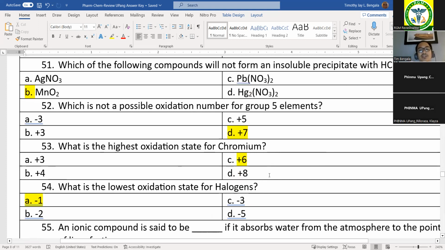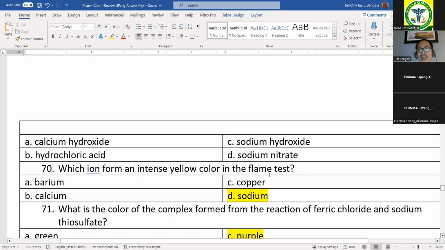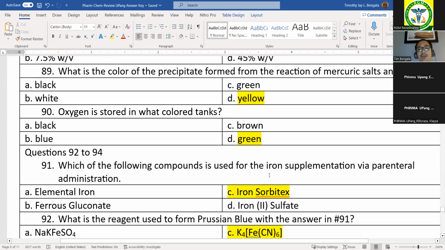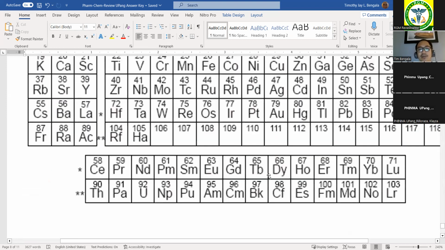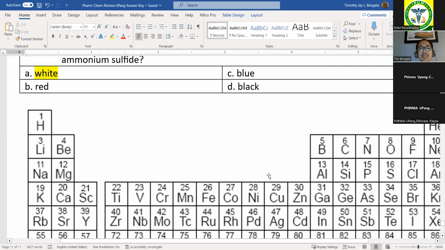What is the highest oxidation number for chromium? Again, sana ginamit nyo yung, kung natatandaan nyo yan. Pero kung hindi yung tinandaan, again, pwedeng gamitin ang periodic table. Okay, so chromium is here. So if you count, yung kanyang number of valence electrons, 1, 2, 3, 4, 5, 6.